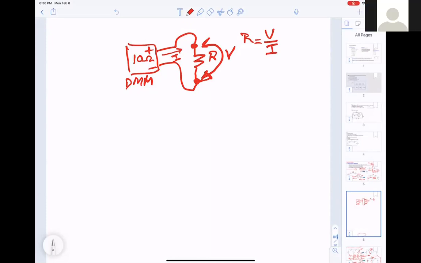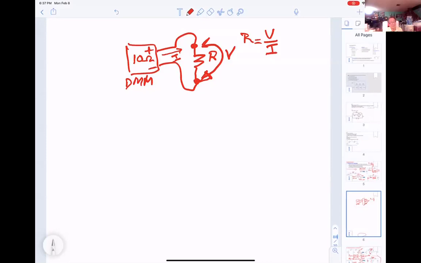The meter sends out its own generated voltage, correct? It sends out the current. Then it measures the voltage. That all happens inside the DMM. We don't have any generator here. The DMM has an internal voltage output, correct?